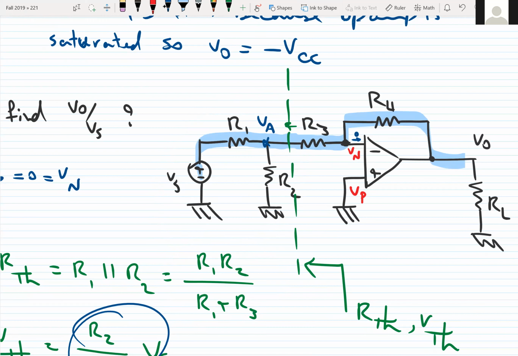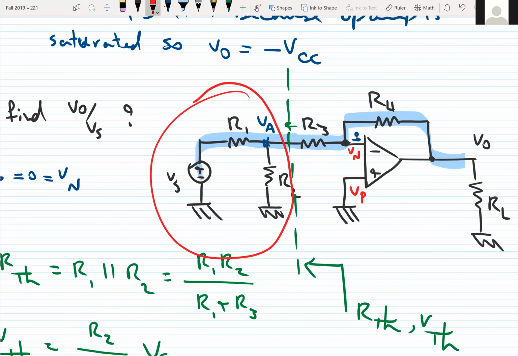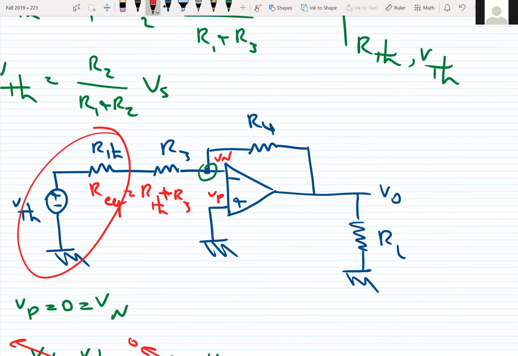So we first found the equivalent of this part and then replaced it in this circuit. Now we can simply combine R Thevenin and R3, and the circuit becomes an easy circuit, and we can solve it. Any question? Okay, thank you.